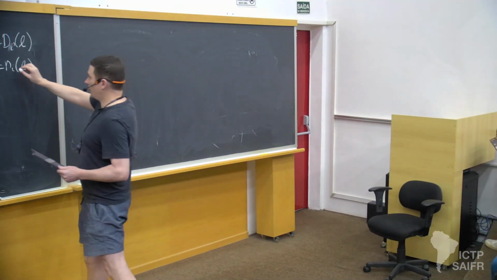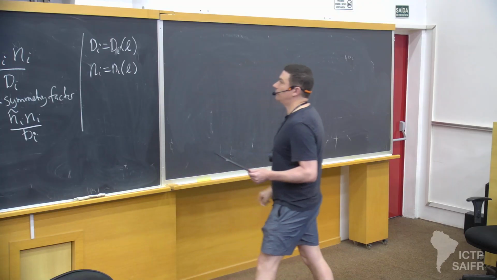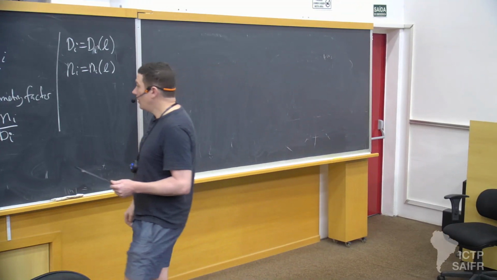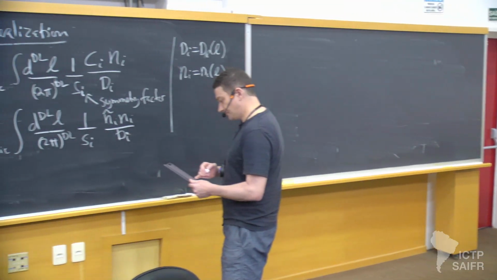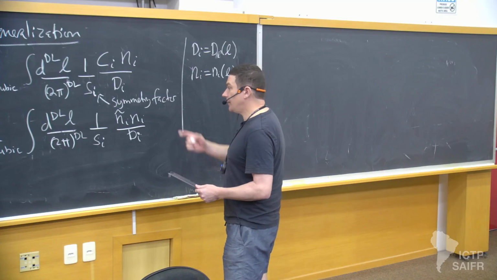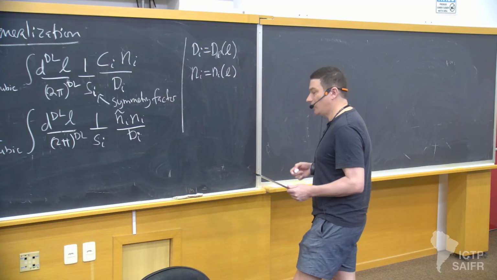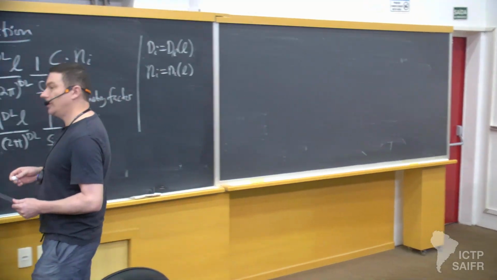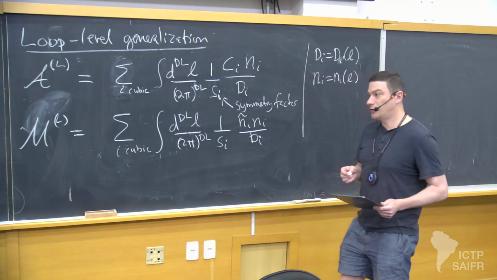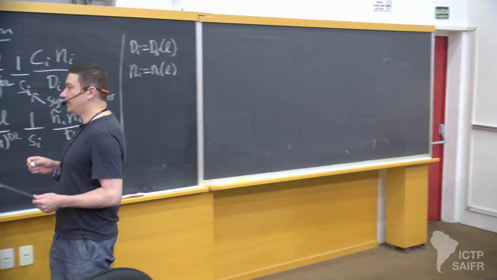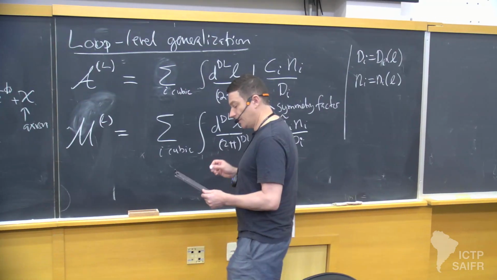Or sorry, each numerator might be a non-trivial function of the loop momenta. And in order to do this replacement, replacing the color factor with a numerator, you need to make sure that color-kinematics duality is respected. So you need to make sure that there are Jacobi identities satisfied.